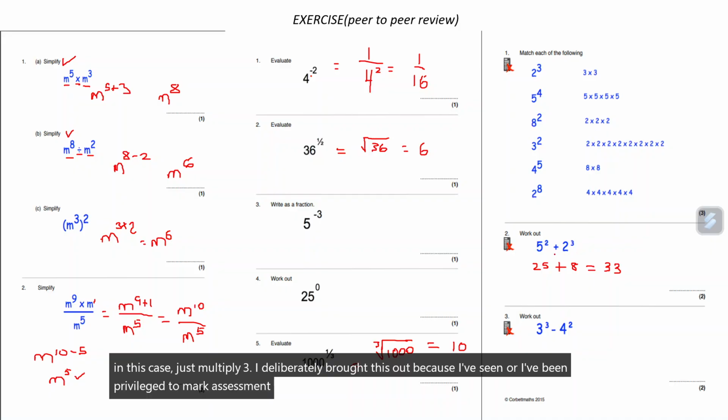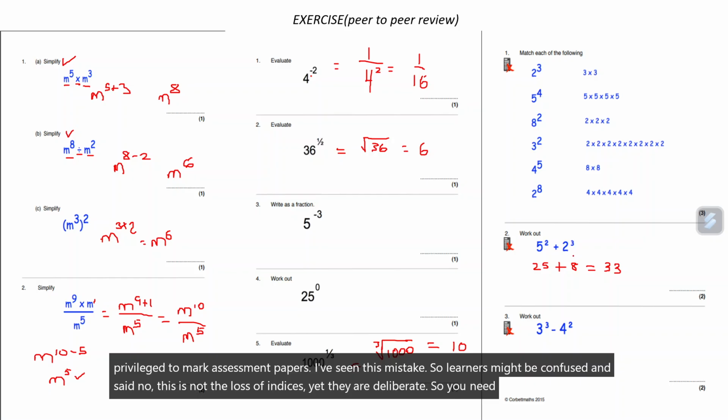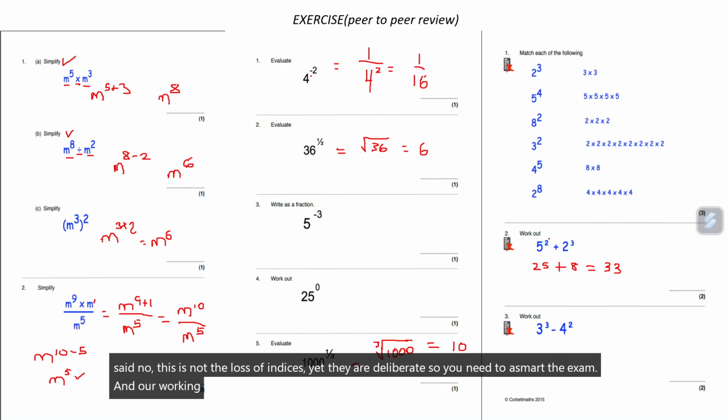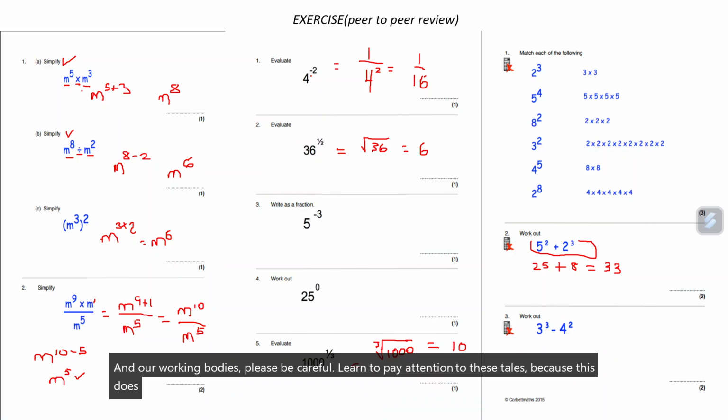I've seen this mistake. Learners might be confused and say, no, this is not the laws of indices. Yeah, they are deliberate, so you need to outsmart the examination awarding bodies. Please be careful, learn to pay attention to these details, because this does not meet this criteria.